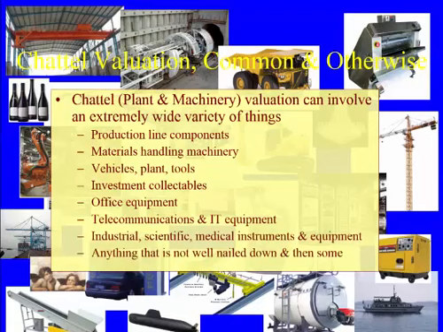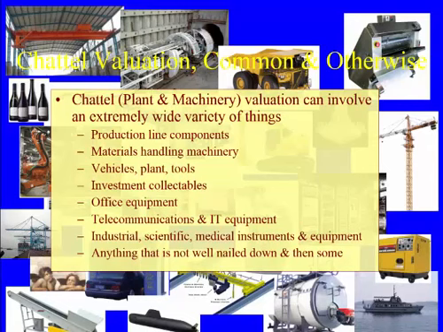And the reason is that chattel valuation can involve an extremely wide variety of things. We have the production line components and most of the equipment that you would likely find inside a factory. So that would include plant and tools. There's also materials handling machinery.